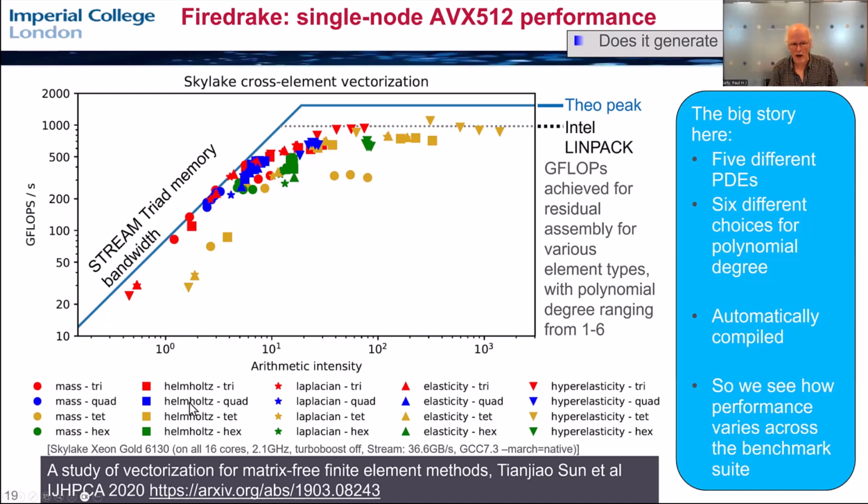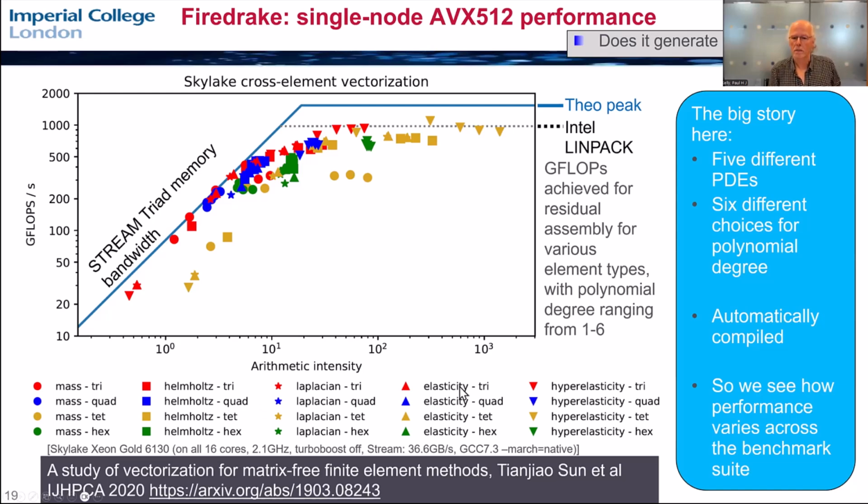And what we have here are 5 different PDEs of increasing complexity. So hyperelasticity is really complicated. And these are on different kinds of mesh. So we have triangular meshes, quad meshes, these are unstructured, but quad, tetrahedral in 3D and hex in 3D.